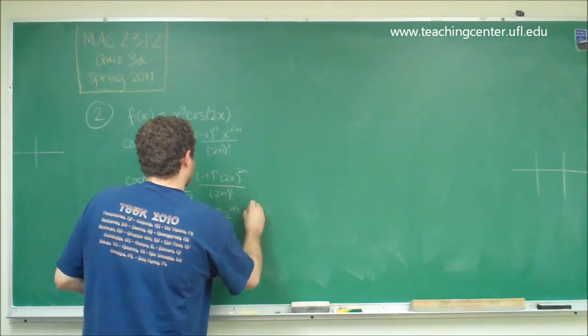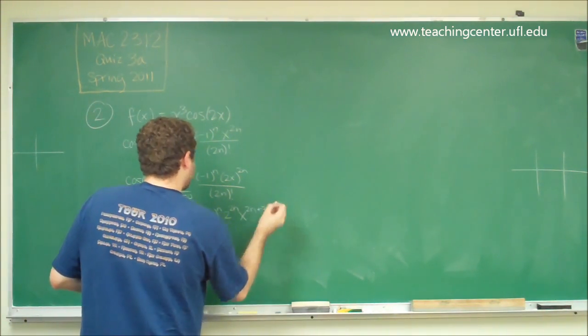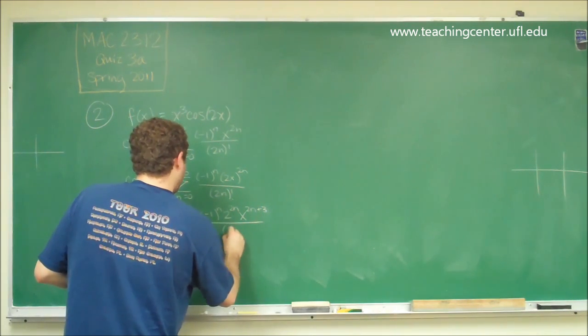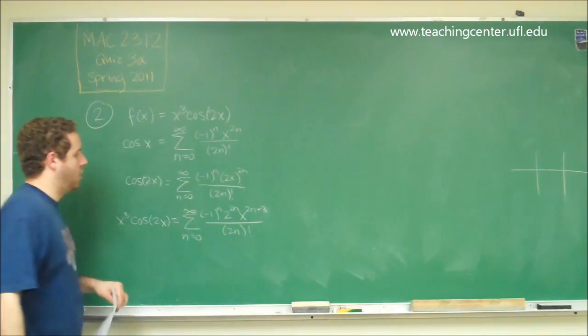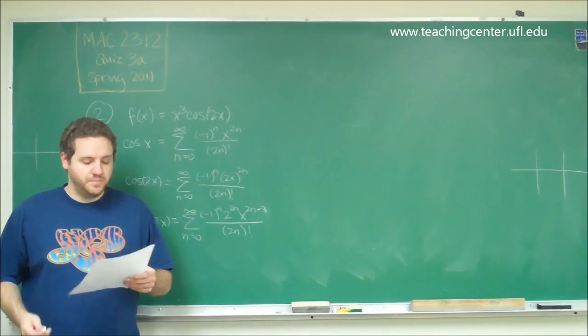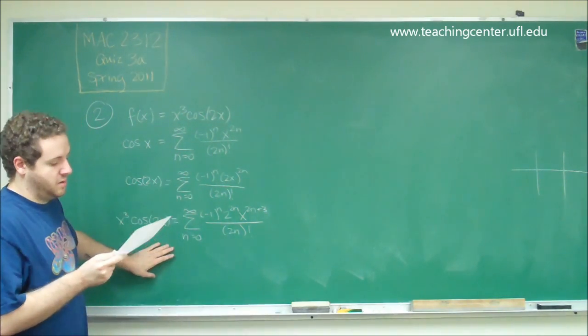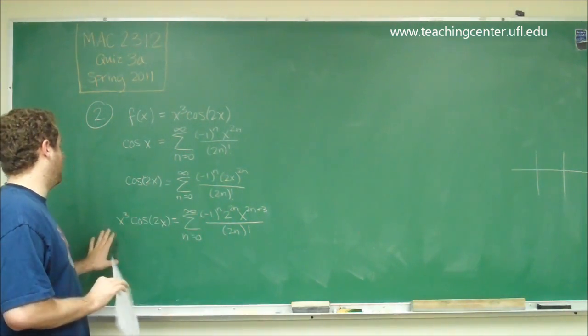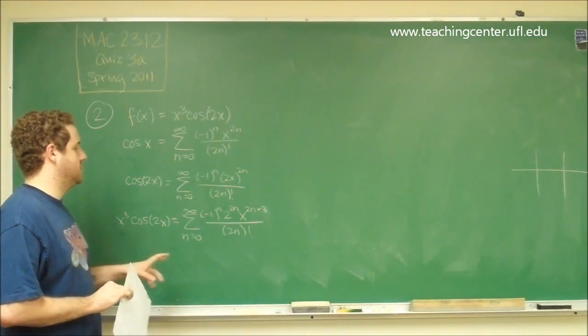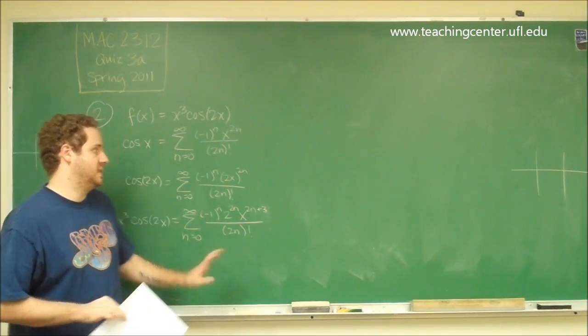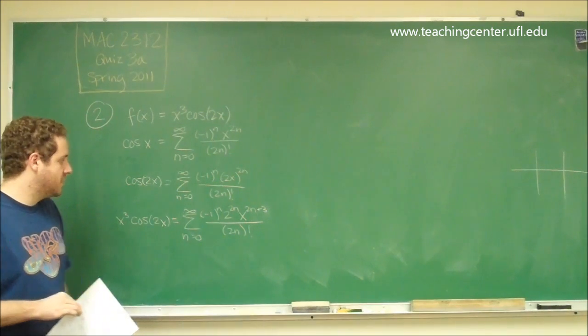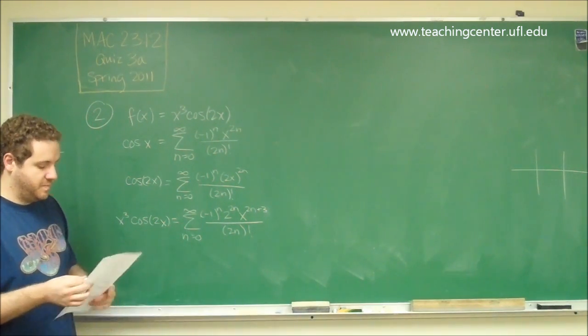So we're going to have x to the 2n plus 3 all over 2n factorial. Alright, so this is our Maclaurin series now for x cubed cosine of 2x. Remember, Maclaurin series means centered at 0, so that's those standard ones that you know. So this is our series.